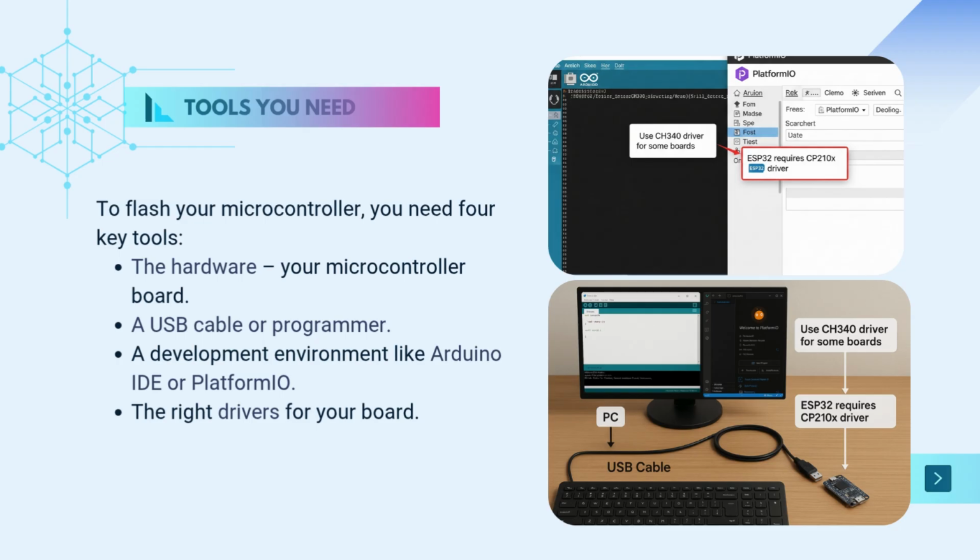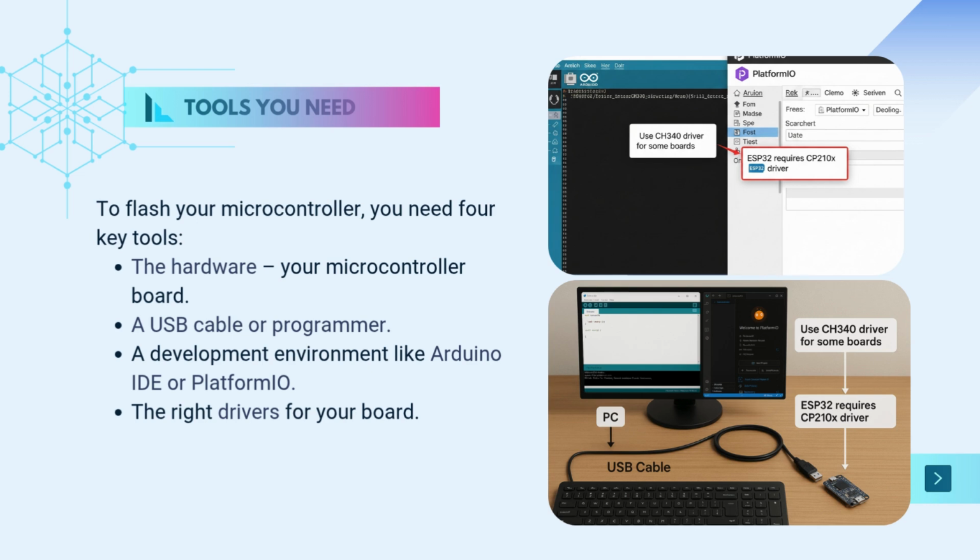For example, ESP32 often requires the CP210x or CH340 driver, depending on the model. Without these, your board might not even show up in the port list. Optional, but recommended, a breadboard setup, external power supply, and basic components like LEDs and resistors. They help you quickly test if your code actually works once flashed.